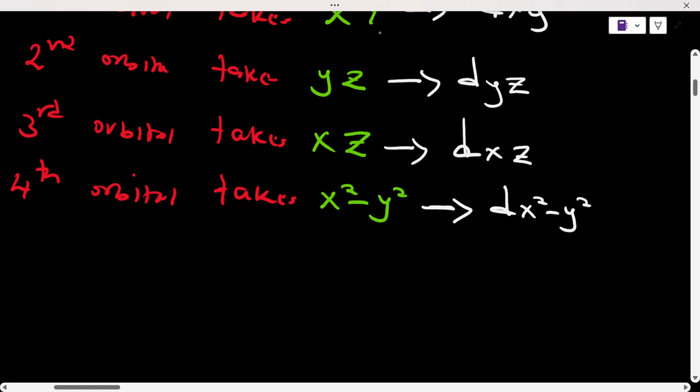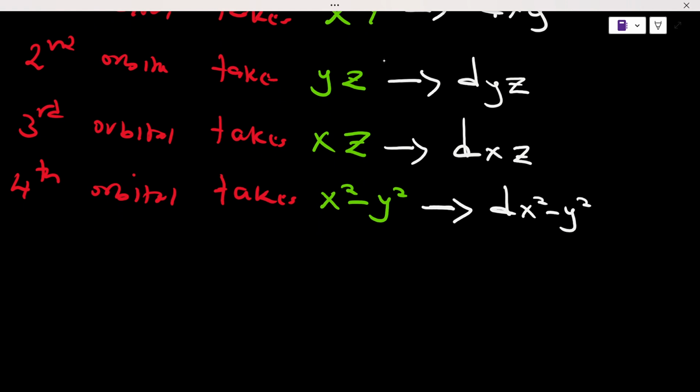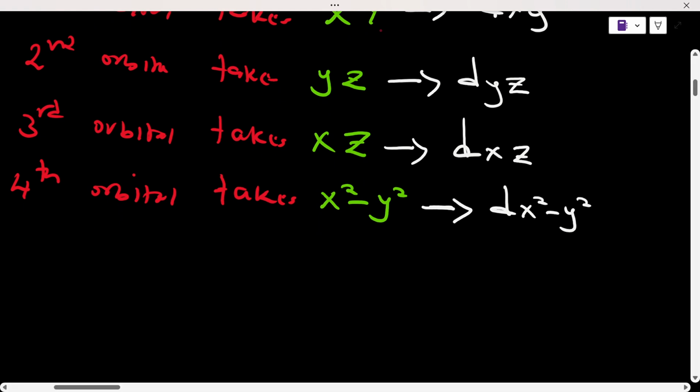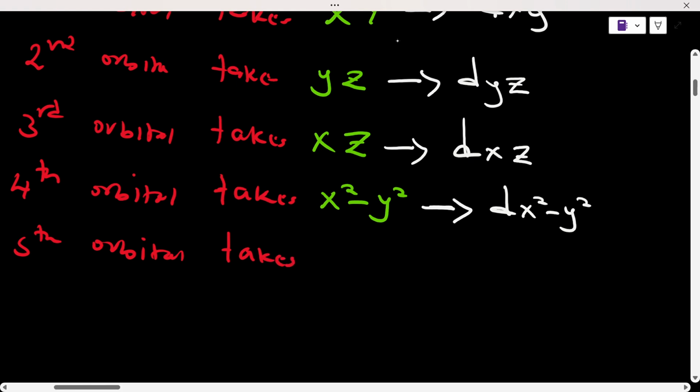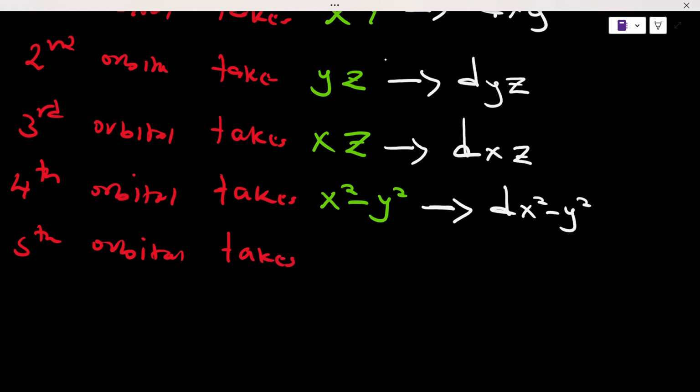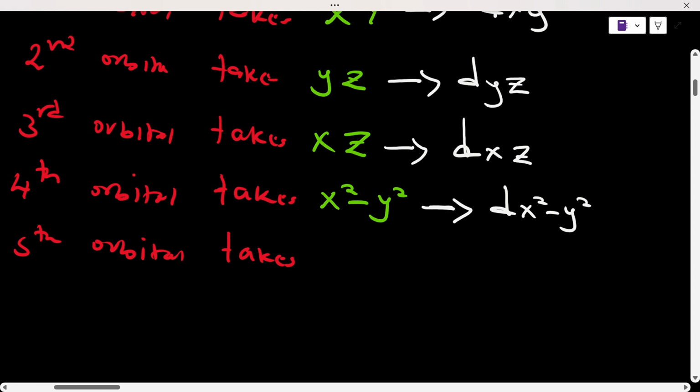And lastly, the fifth orbital takes the z squared.